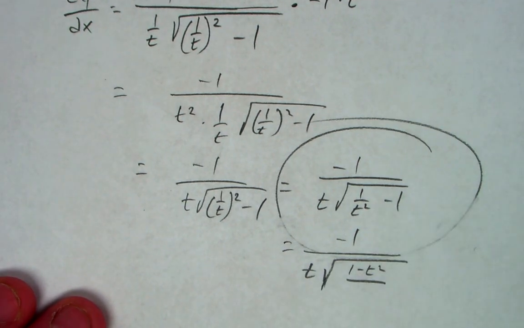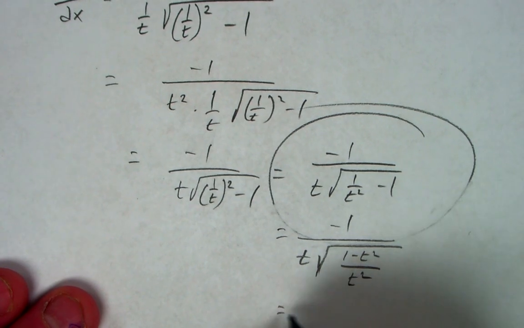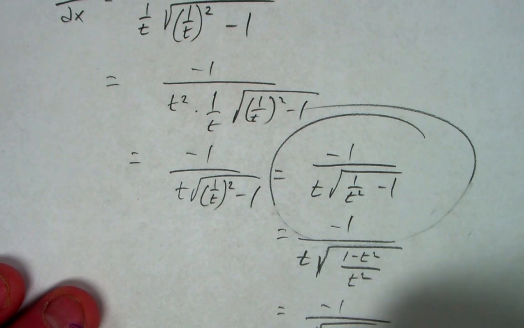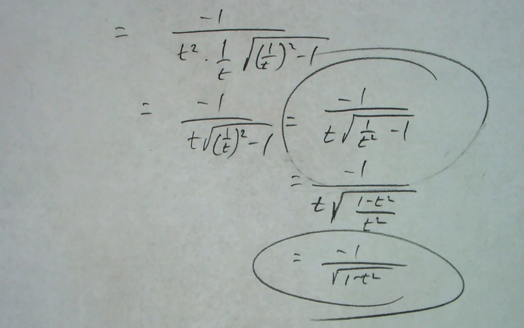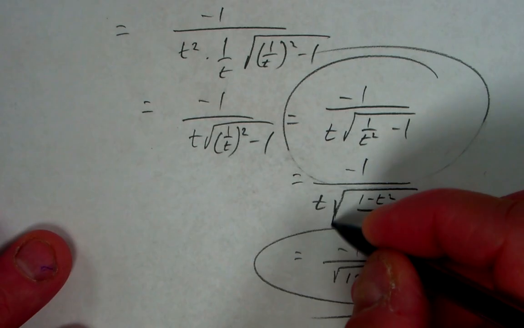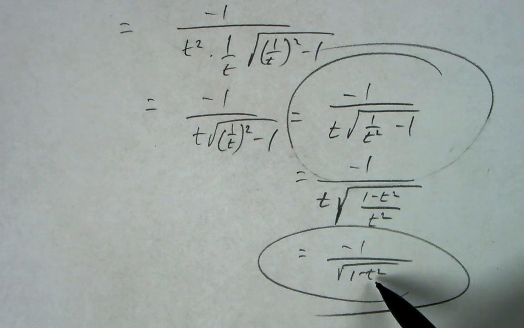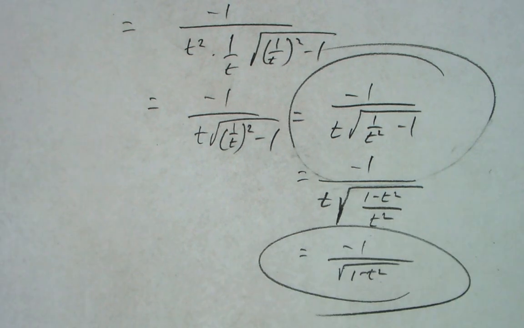And I see the reason for simplification. Do you see where that other t canceled from? Because once we find our common denominator, my common denominator is t squared. I can take the square root of the top, which would be square root of 1 minus t squared. Square root of the bottom would be t, and that'll cancel out with that t.